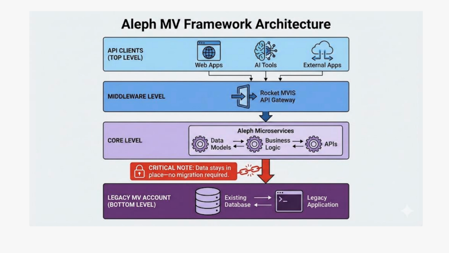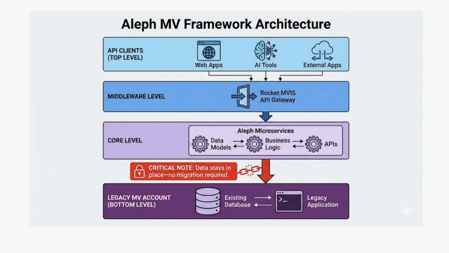Each Aleph microservice is formed by Aleph data models that are metadata structures that create an object-oriented data access layer on top of MV files. Aleph Business Logic. Aleph Business Logic is the legacy MV Basic logic refactored using Aleph object-oriented data access. Aleph APIs.